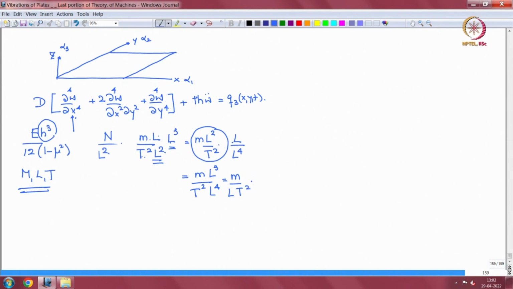So if I write it in terms of a force again, my force is what? Mass into acceleration, m L by T square, and this has L in the denominator, so into 1 by L square. So this is force per unit area.